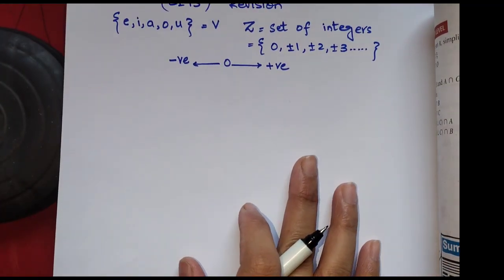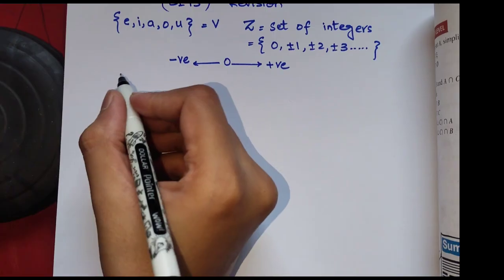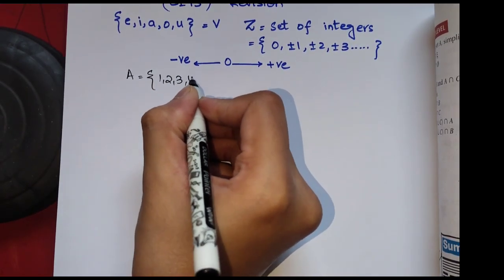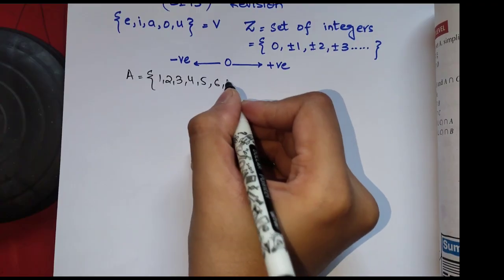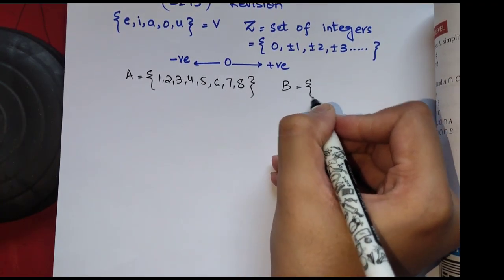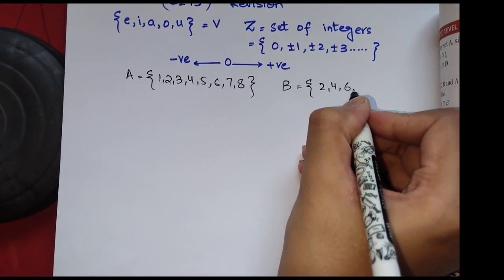The next thing we are going to discuss is union and intersection. For example, here is a set A, which is this set, and here is the set B, which has these elements.